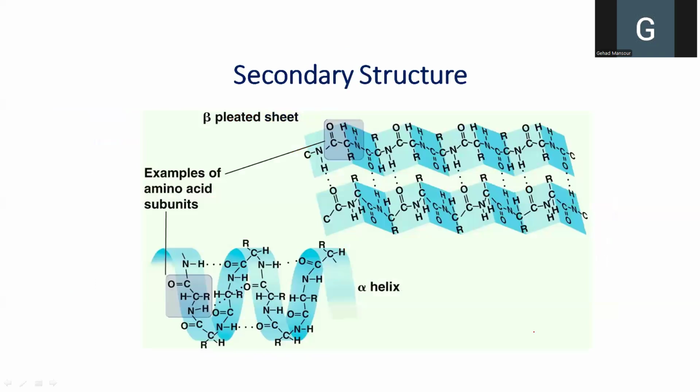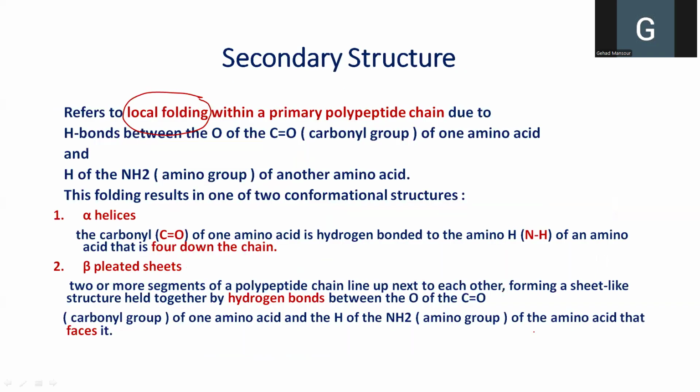Now we come to the secondary structure. In the secondary structure, we have local folding within a primary polypeptide chain, as we said. So we don't have two different polypeptide chains, but it is a polypeptide chain where we made local folding. How do we do this?